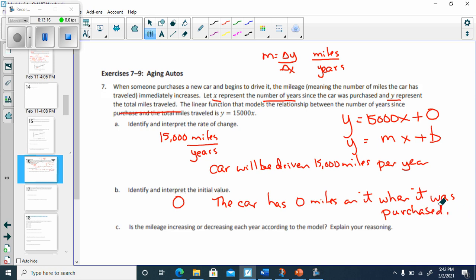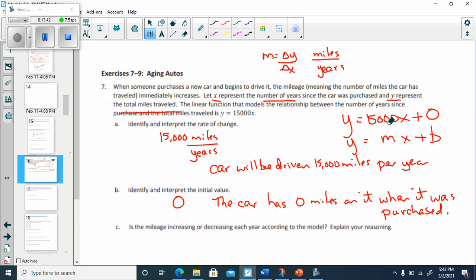Is the mileage increasing or decreasing each year? Well, this is positive. Our equation literally says the total mileage, because that's what y is, represents total miles. The total miles is equal to 15,000 miles per year times the number of years plus 0 miles, right?